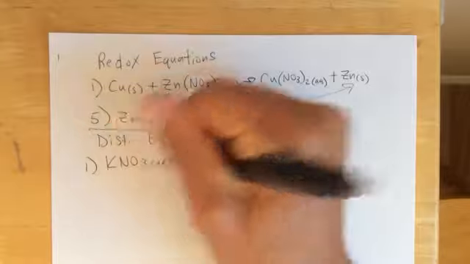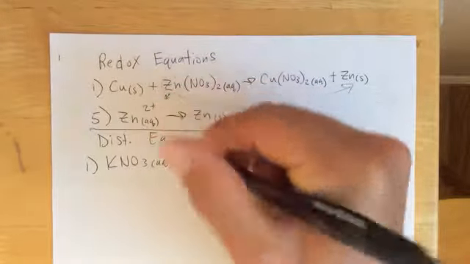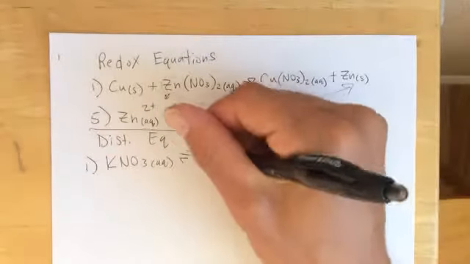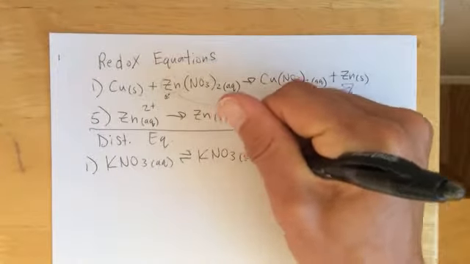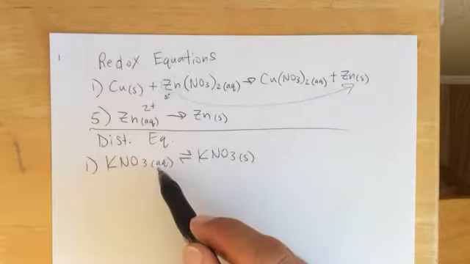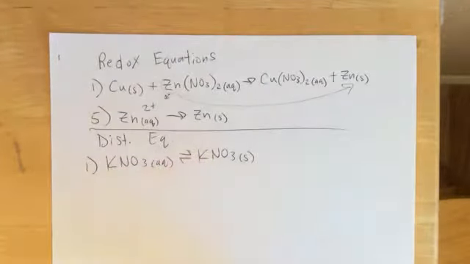It's aqueous, so it's liquid, and we're going to write our equilibrium arrows, and potassium nitrate solid. So this is all you have to do for the balanced equation. Show that it was a liquid. As it cooled, that crystal formed and became a solid. And this shows that depending on temperature, it can go back and forth to maintain equilibrium.